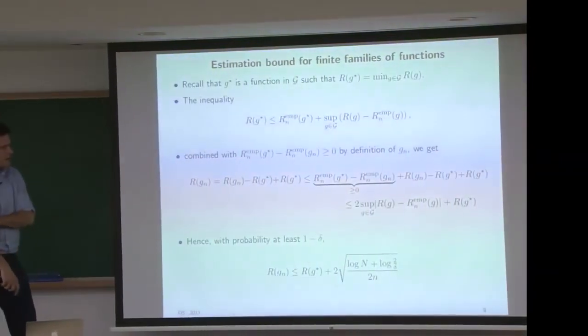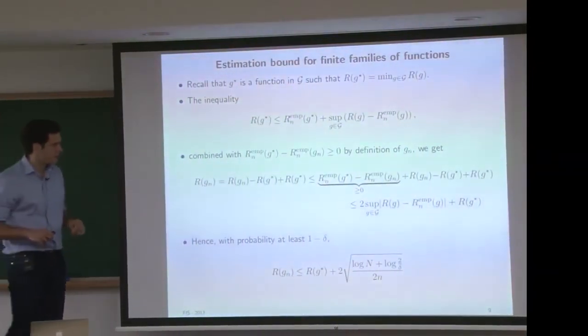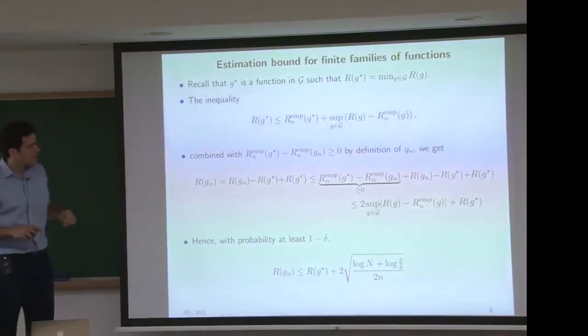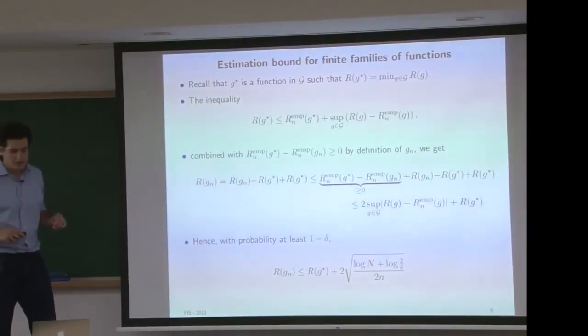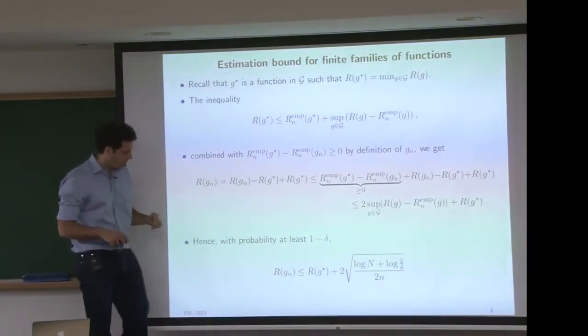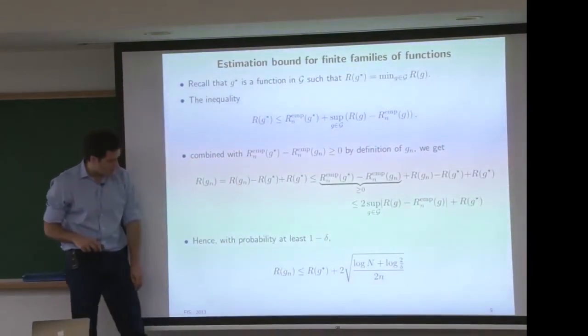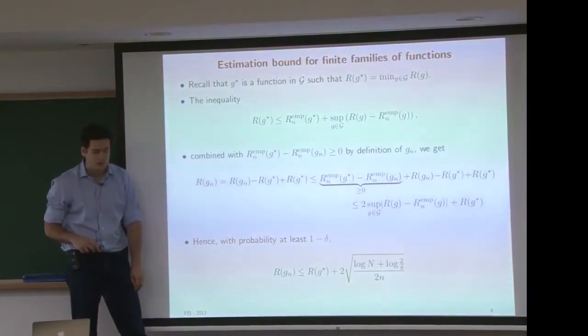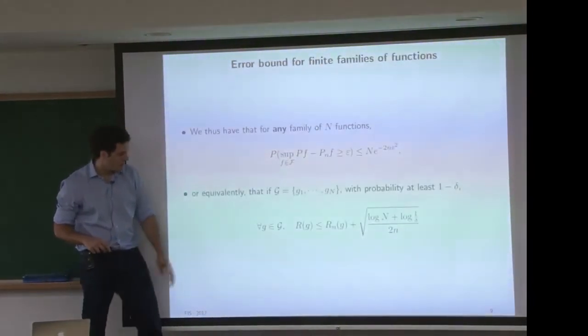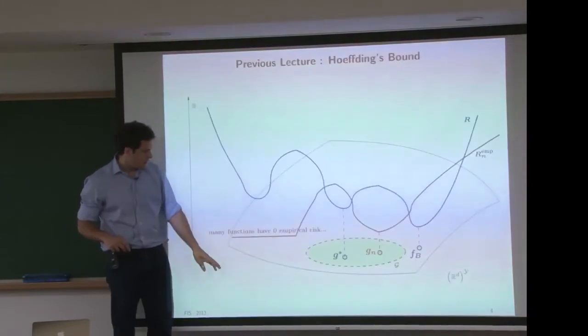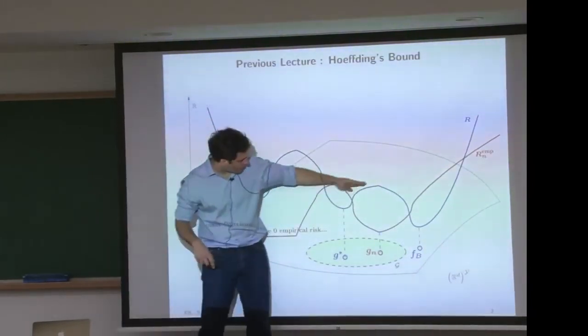So we discussed last time, but I'll just go very quickly, that using these techniques we can very easily obtain another type of bound, which is a bound on the true risk of Gn with respect to the best possible risk in the function class. So remember that we're also interested in this bound.